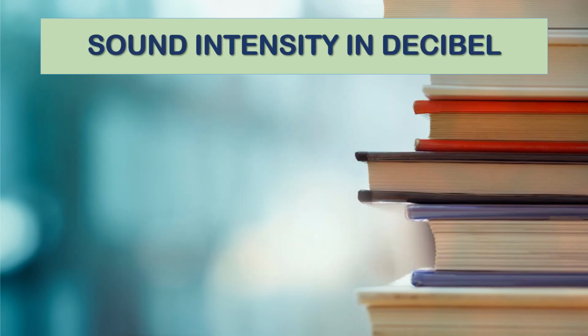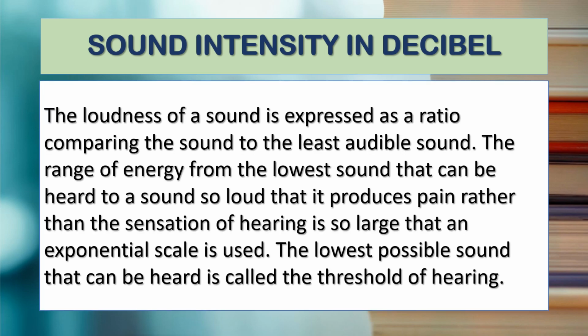Okay. Next application of logarithm is the sound intensity in decibels. The loudness of a sound is expressed as a ratio comparing the sound to the least audible sound. The range of energy from the lowest sound that can be heard to a sound so loud that it produces pain rather than the sensation of hearing is so large that an exponential scale is used. The lowest possible sound that can be heard is called the threshold of hearing.